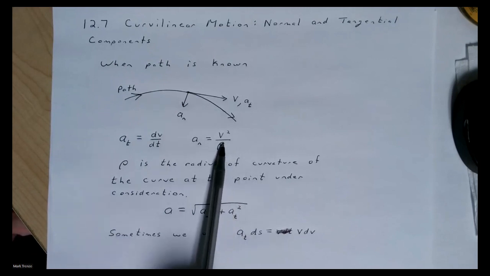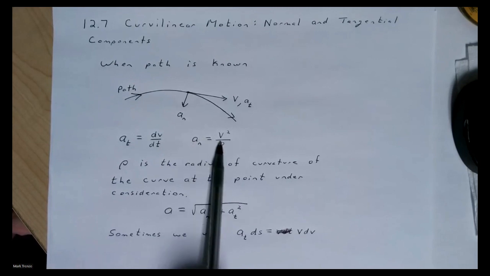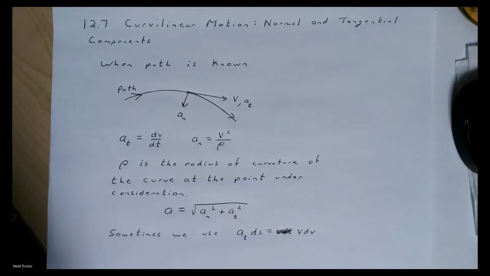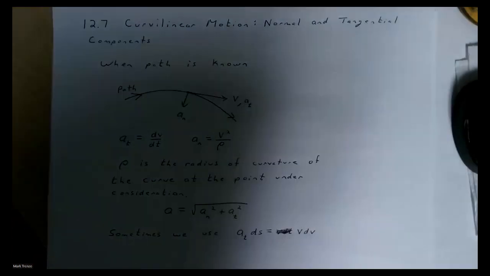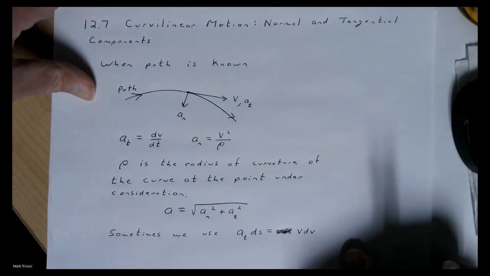And that means the limit of this is infinity, and so the normal component of acceleration will be 0. On the other hand, sometimes we're given a more general curve that's not a circle, not a line, and we have to calculate the radius of curvature ourselves. So let's take a look at that real quickly.